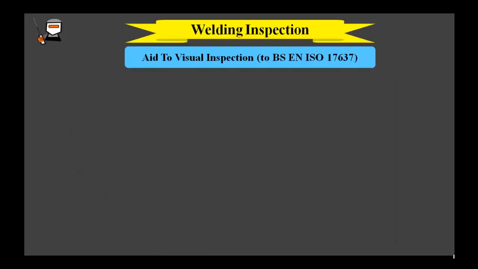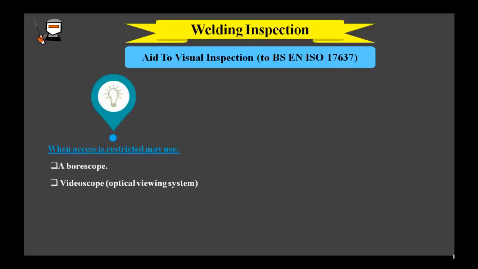When access for direct visual inspection is restricted, a mirrored borescope or a fiber optical viewing system, which is also known as videoscope, may be used, usually by agreement between the contracting parties. They are expensive equipment. Borescopes are used for visual inspection work where the area to be inspected is inaccessible by other means or where accessibility may require destructive, time-consuming and expensive dismounting activities.